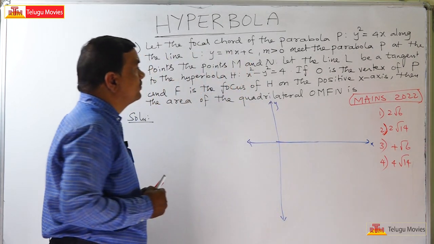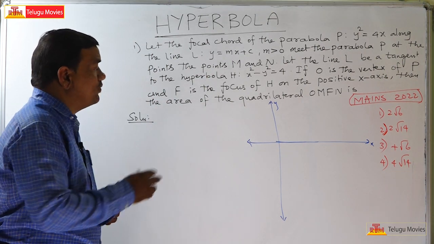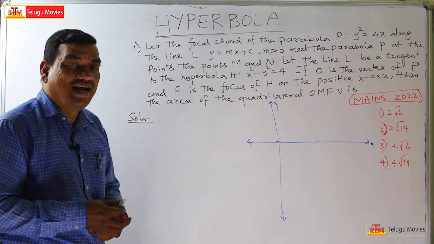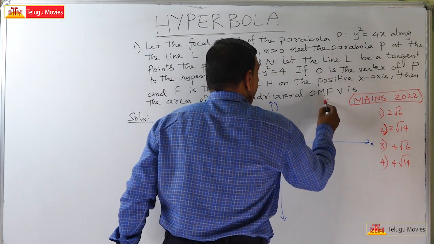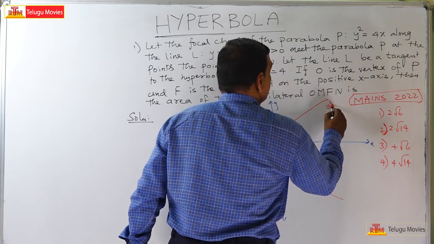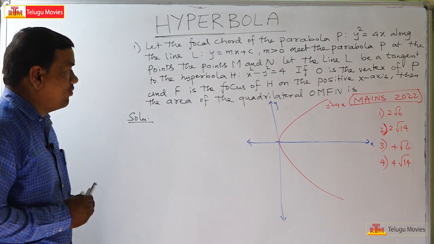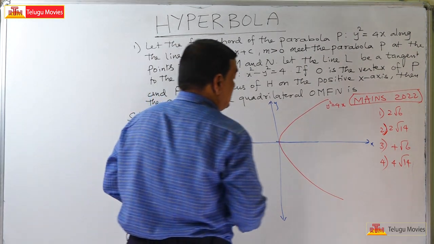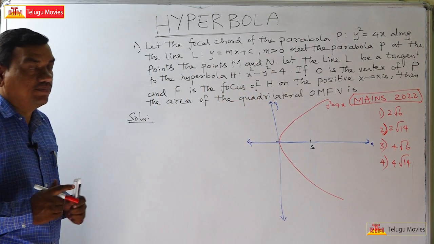First, y square is equal to 4x is a parabola which passes through the origin and lies entirely in the first and fourth quadrants. So this is the parabola y square is equal to 4x, whose focus is S. Clear?